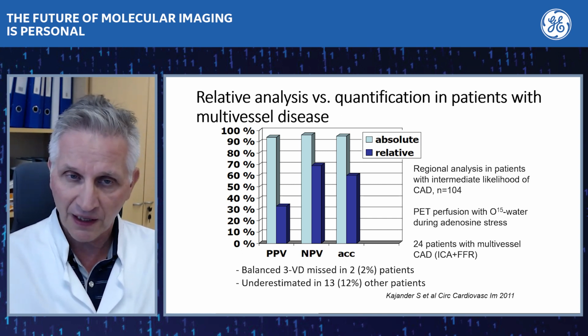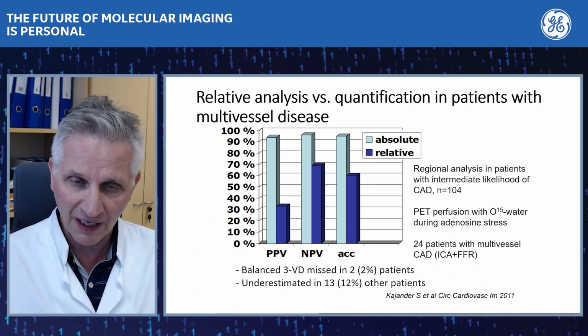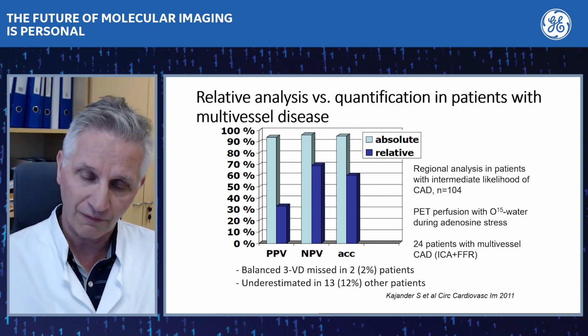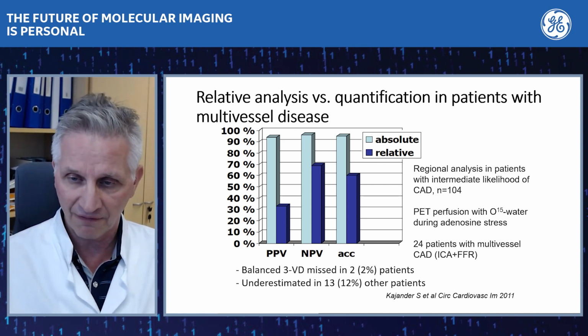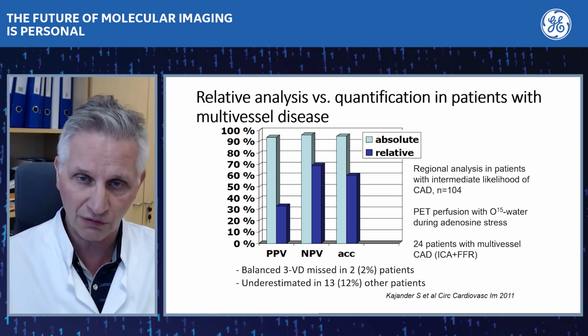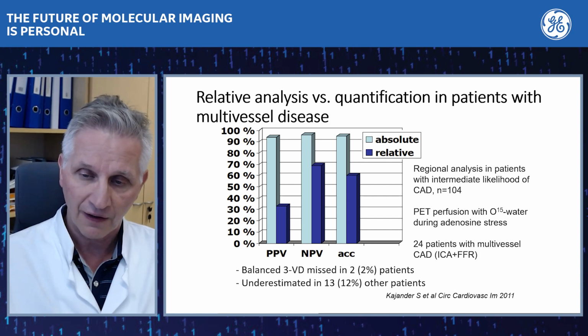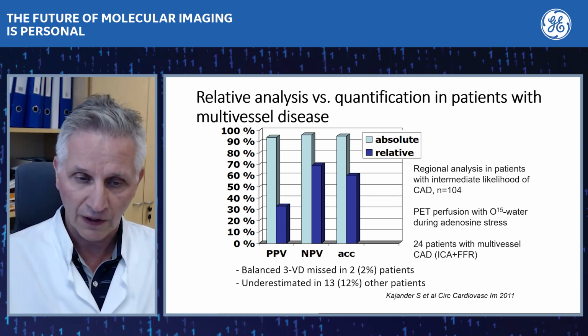But you need to remember that this drastic benefit is visible here in this study in patients with multivessel disease, where the challenges with relative analysis are, of course, more clear.